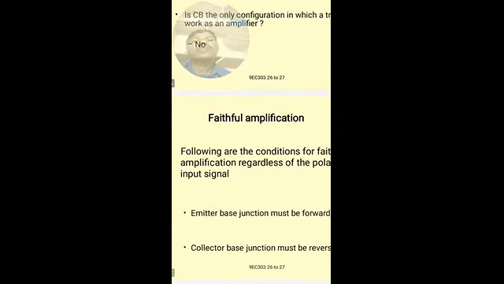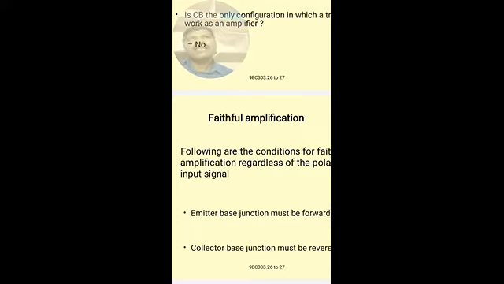In CB configuration, the common base configuration, current gain is not possible, and in CC voltage gain is not possible. In CE we can achieve both current and voltage gains, so it is the widely used configuration when comparing with CB and CC.